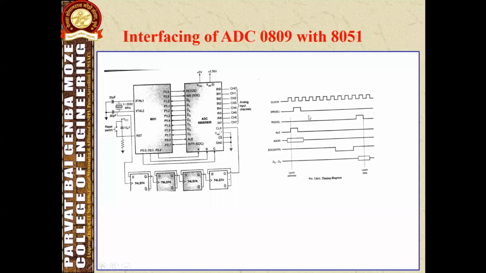This figure shows the timing diagram of the analog to digital converter. This is the clock pulse. The start of conversion operation takes place after the address latch is enabled. Then the analog to digital conversion takes place.